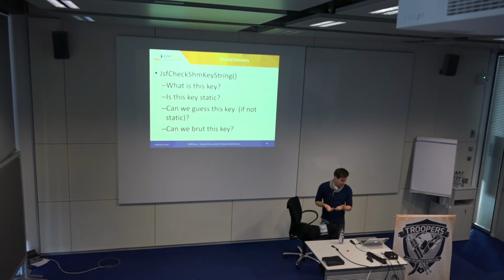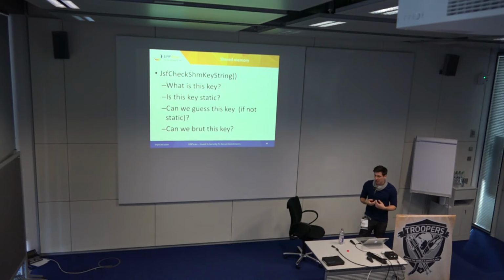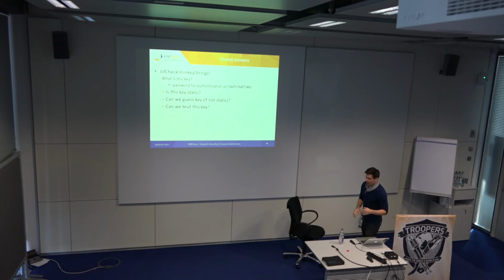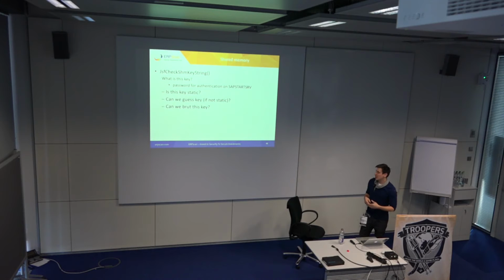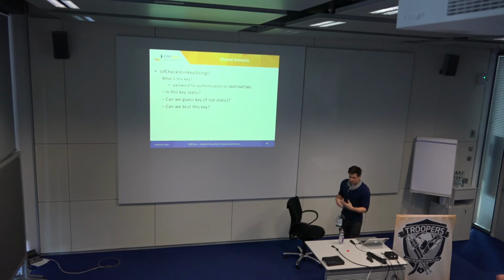Is this key static, or can we guess this key? If it's static, maybe we can just brute force this key. Let me answer part of this question. First of all, what is the key? The key is exactly the password for these two hard-coded usernames, which allow us to authenticate on the management console services.